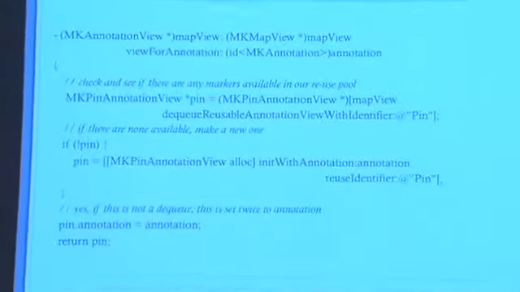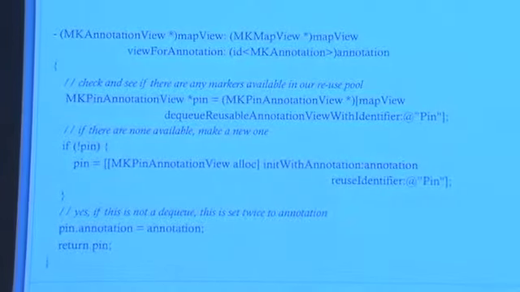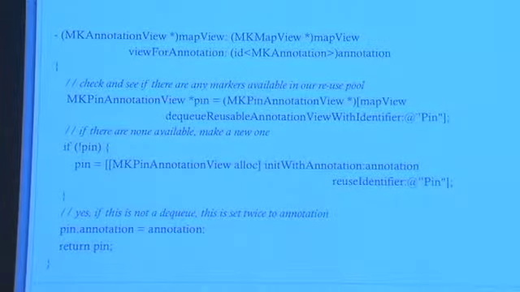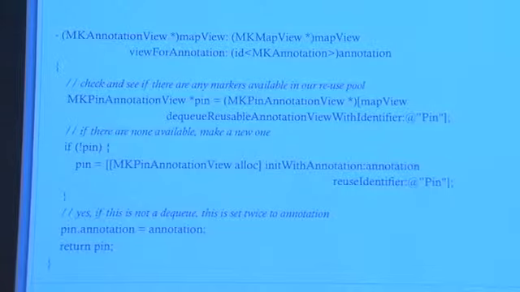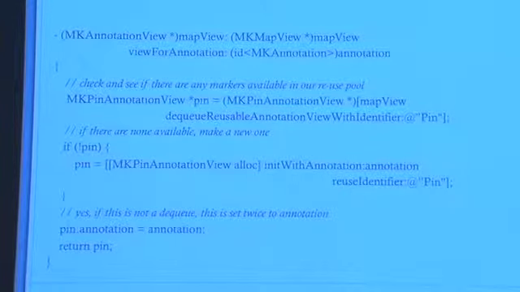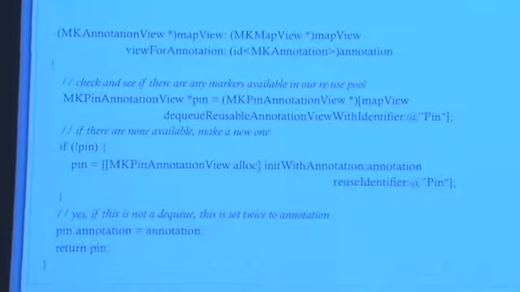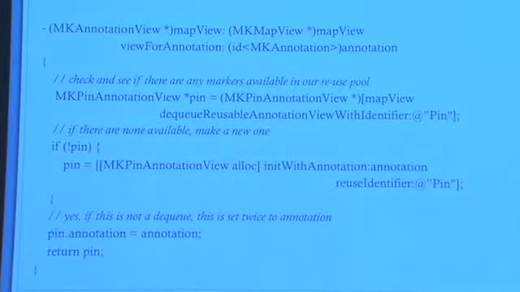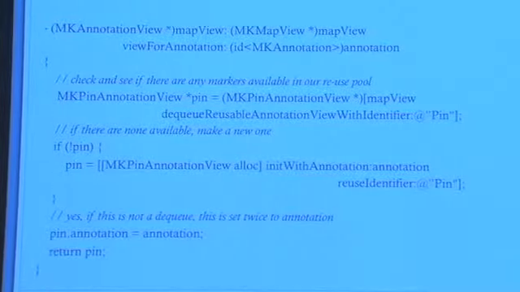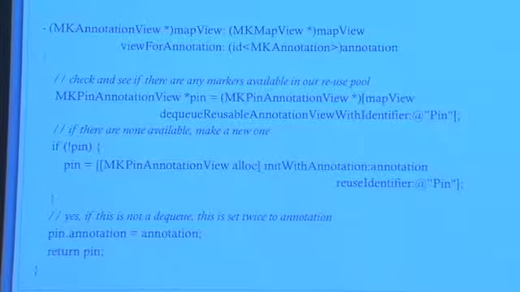MKAnnotationView pin equals MapView dequeueReusableAnnotationViewWithIdentifier pin. And if there aren't any, then it's going to have to make a new pin, right? So it allocs and inits a new pin with a specific annotation and a reuse identifier, pin. So this is where you're setting the reuse identifier.